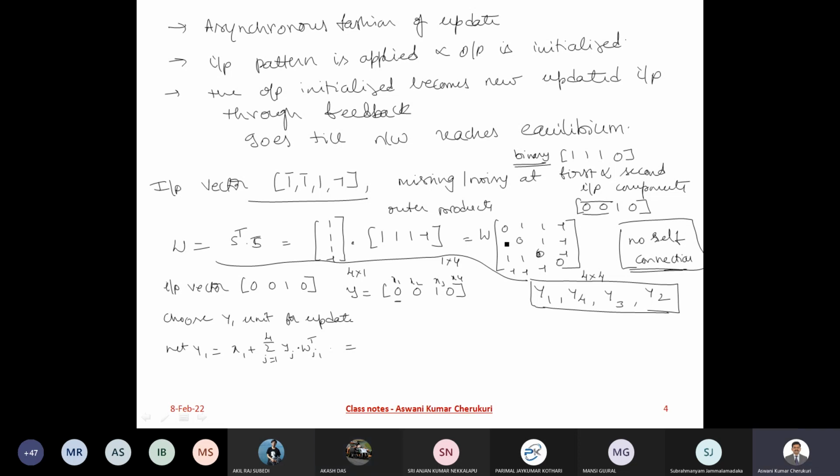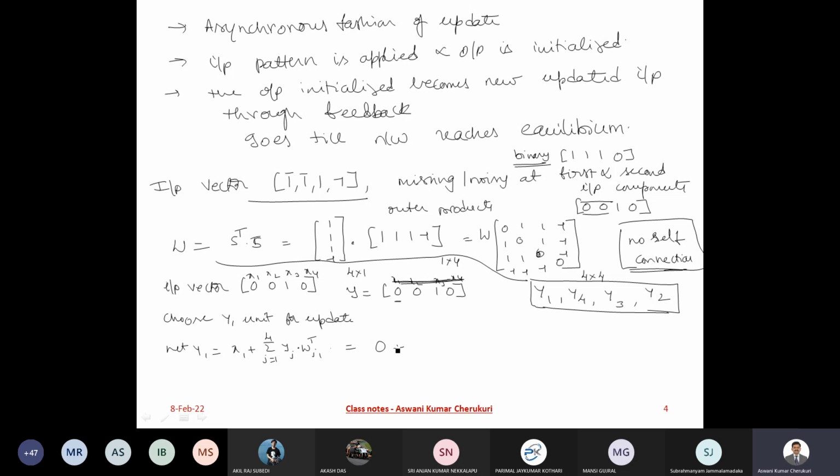Okay, so you submit the input vector. Remember, this is not X1, this is X1, X2, X3, X4. So now we are updating at Y1, only at Y1. So X1 is 0, and for the rest of the nodes, even if you take the first node also, it doesn't matter because anyway it is 0.